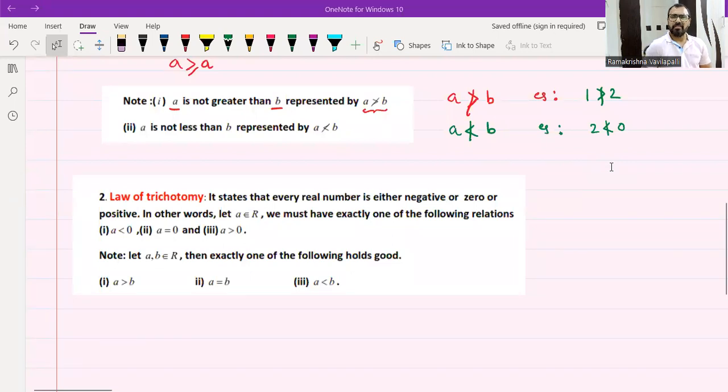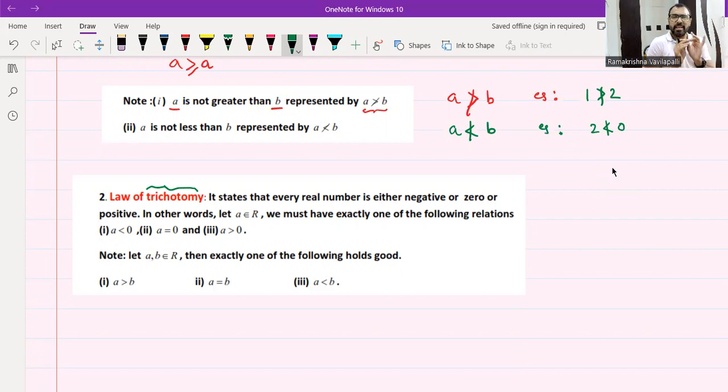Here is a very good law of real numbers, that is the law of trichotomy. What is this law of trichotomy? Whenever we are given two real numbers, there are three possible cases: one real number is greater than the other, or one is less than the other, or they may be equal. Only one can happen among these three possible cases.